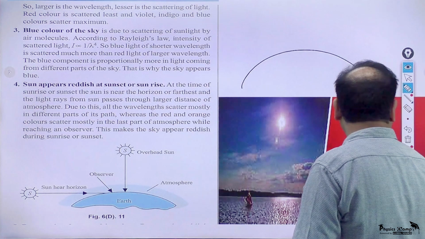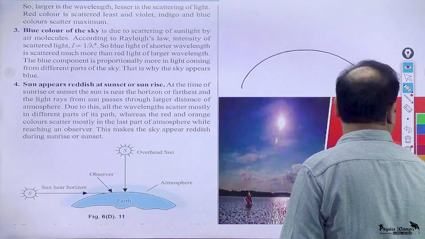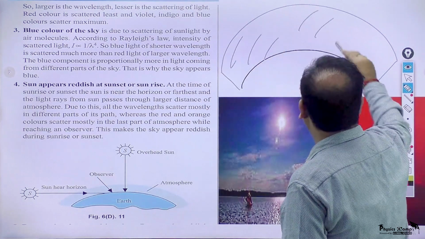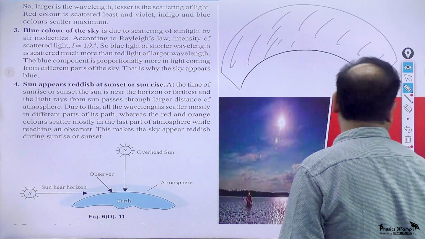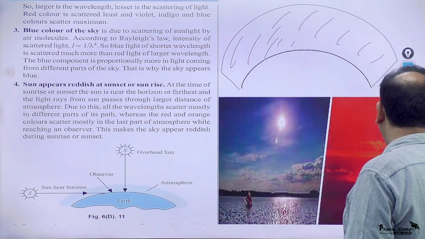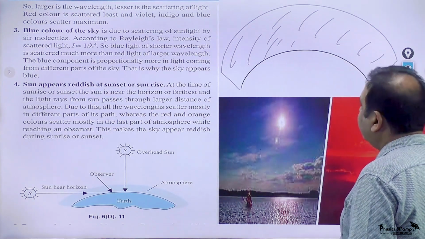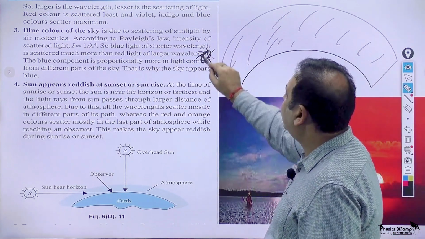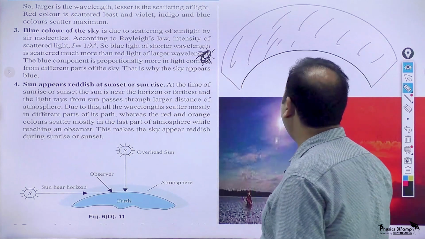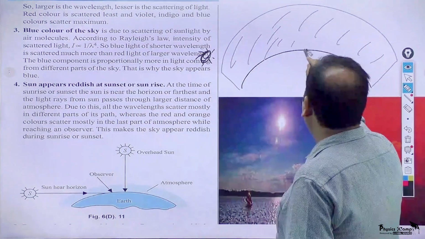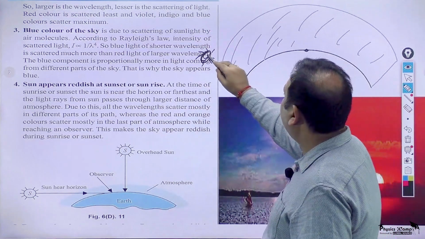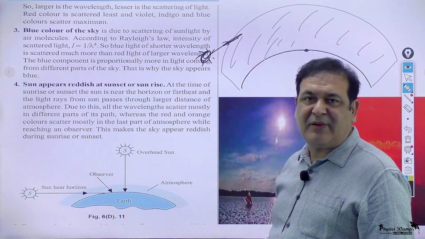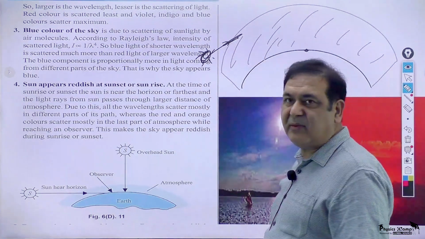Because now you can understand it well that there is a thick layer of atmosphere above Earth. Now just imagine that the sun is the farthest at the time of sunset or sunrise, and the light beam which is traveling from the sun is suffering refraction again and again from different layers of the atmosphere.